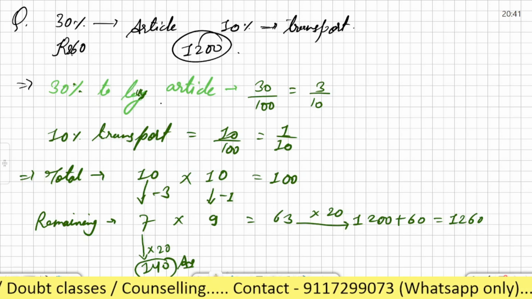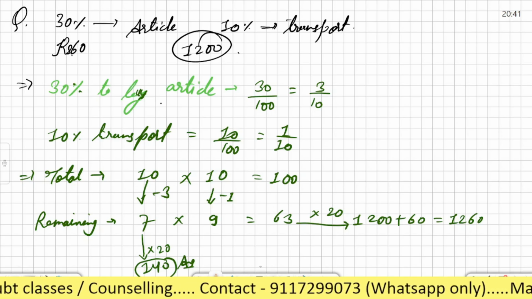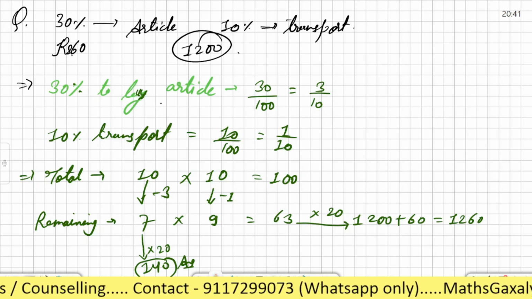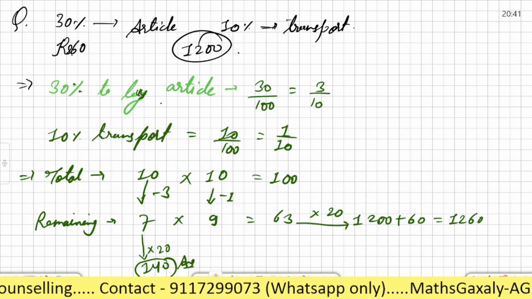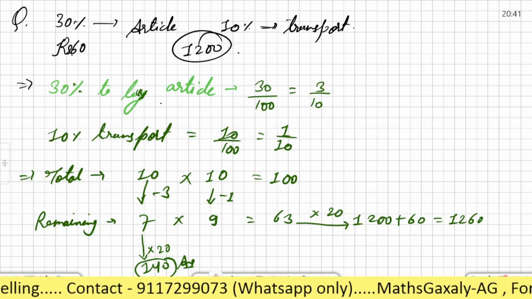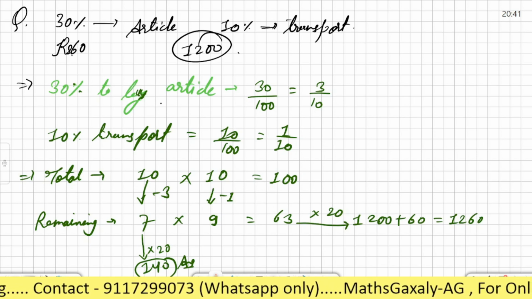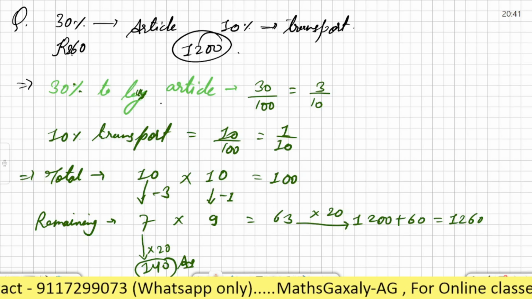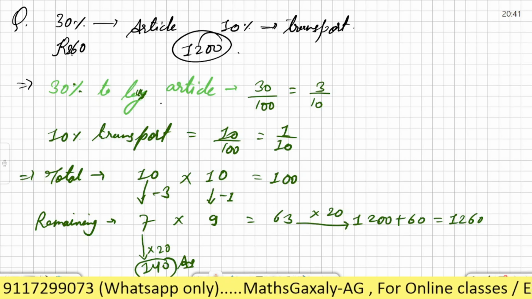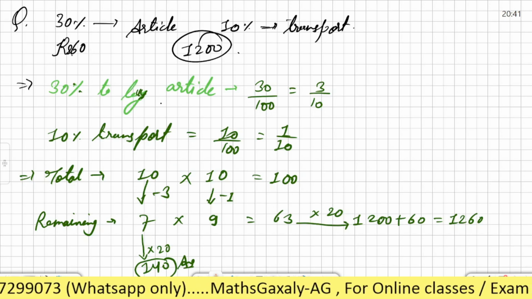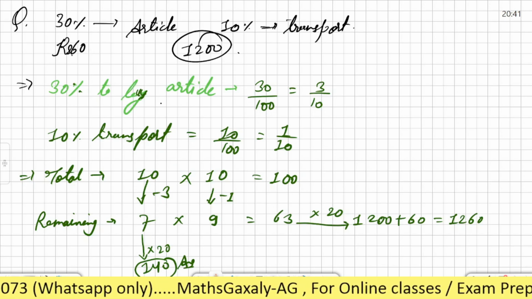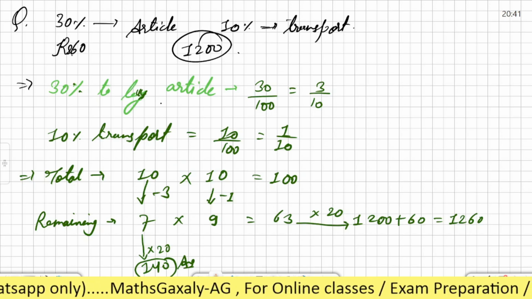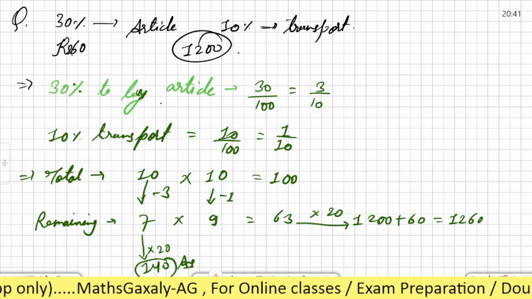But I didn't understand that 7 part. This is the remaining part. But 9 is also remaining. 9 is the remaining after spending on transport.